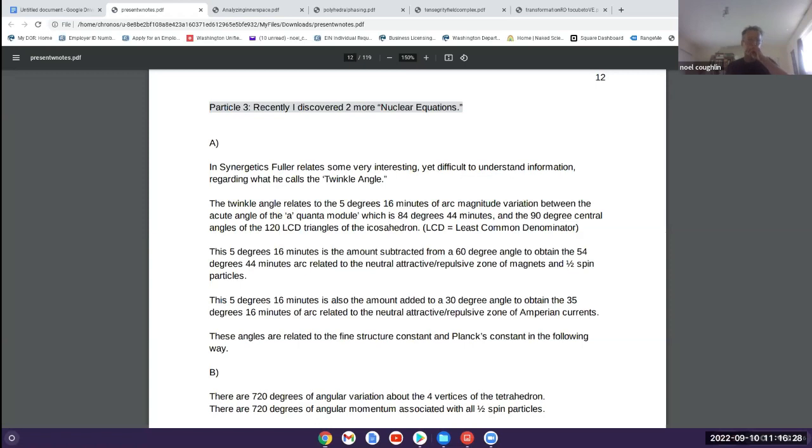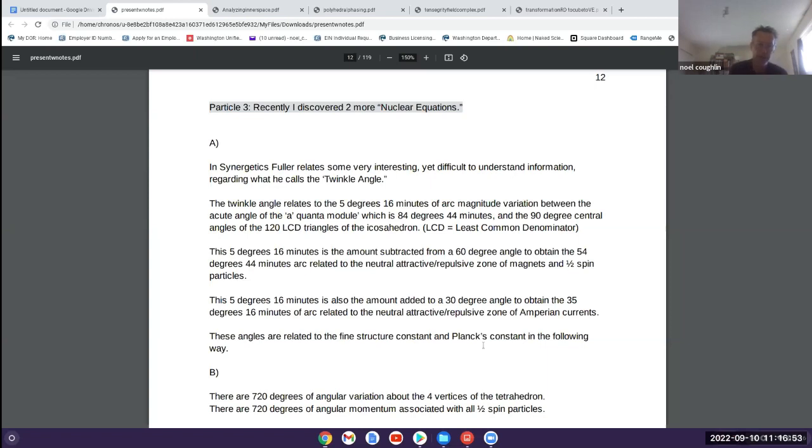Thank you, Dr. Gray. In Synergetics, Fuller relates some very interesting yet difficult to understand information regarding what he calls the twinkle angle. The twinkle angle relates to the 5 degrees 16 minutes of arc magnitude variation between the acute angle of the A quantum module, which is 84 degrees 44 minutes, and the 90-degree central angle of the LCD triangle of the icosahedron. I have pictures down below if you guys are interested.